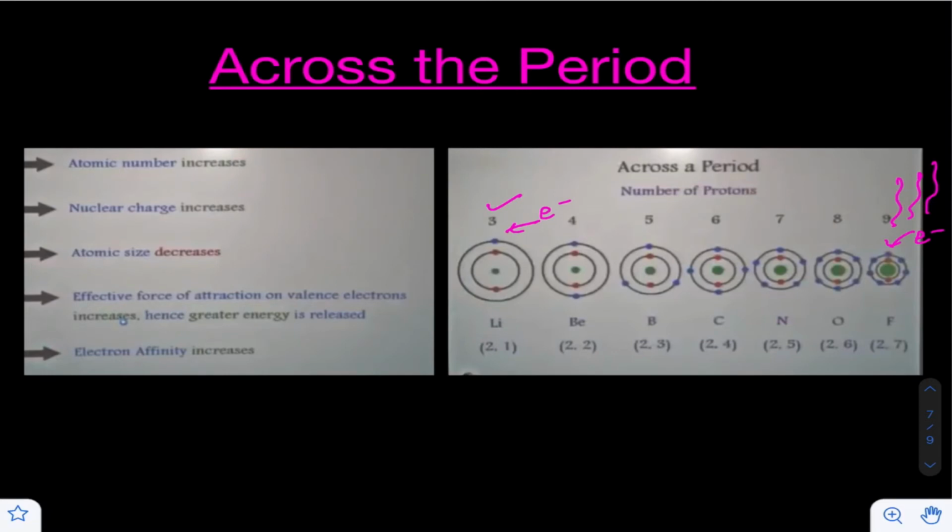But in the case of lithium, an electron can be gained with some difficulty. That is why lithium will have low electron affinity, and here we have high electron affinity. So we can say electron affinity in a period increases from left to right.